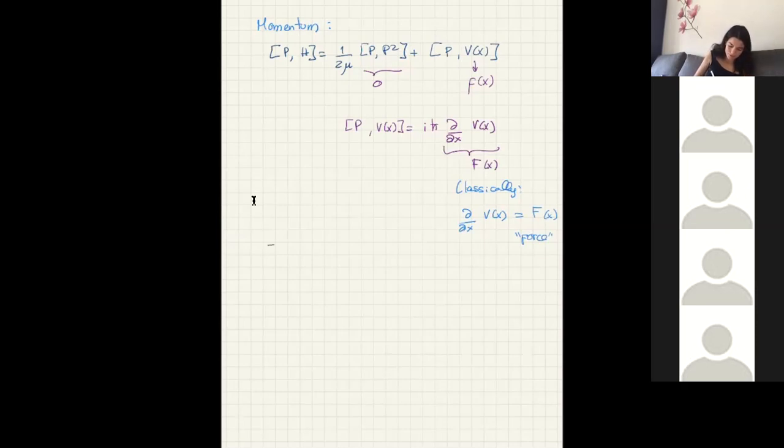So then we have that dp/dt is i h bar f of x, which means that if you look now at how the average momentum changes in time, well, then this is 1/(i h bar). And here comes the commutator.